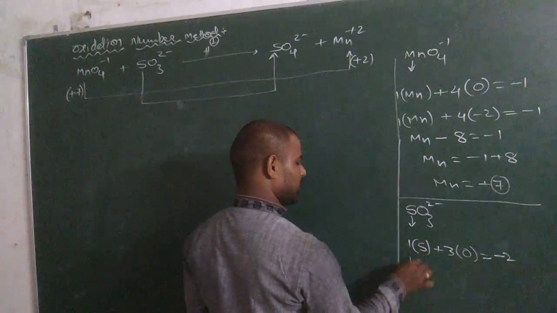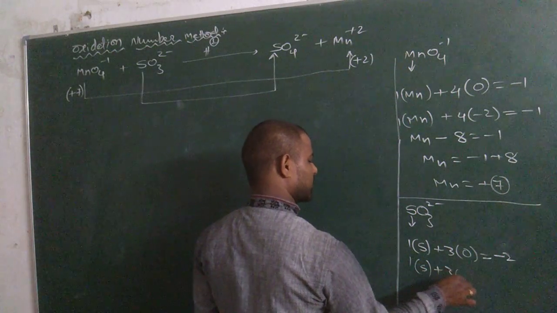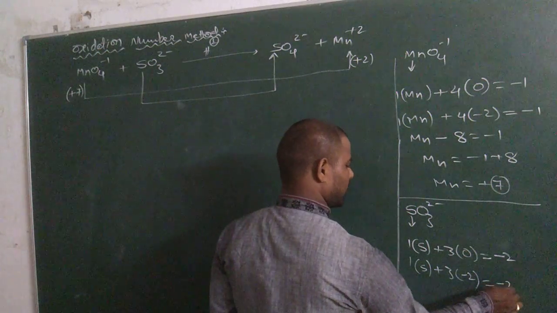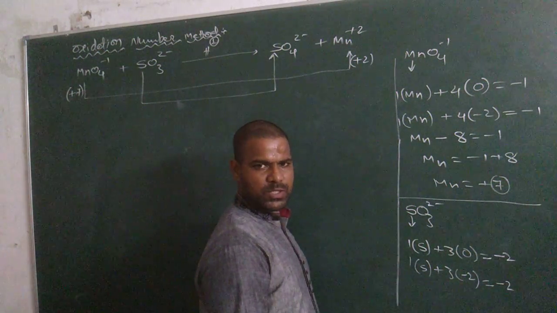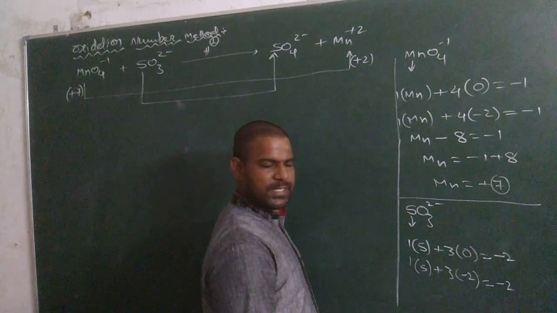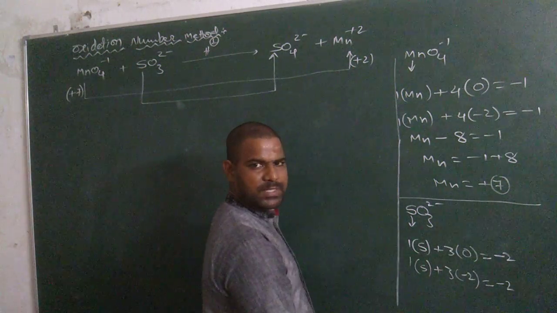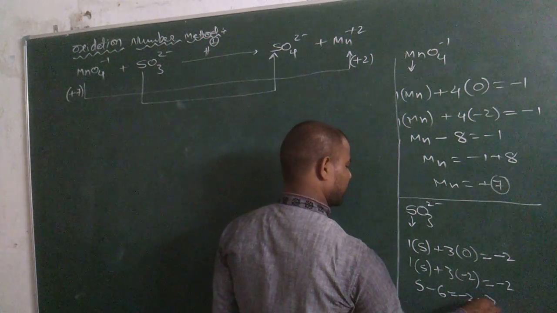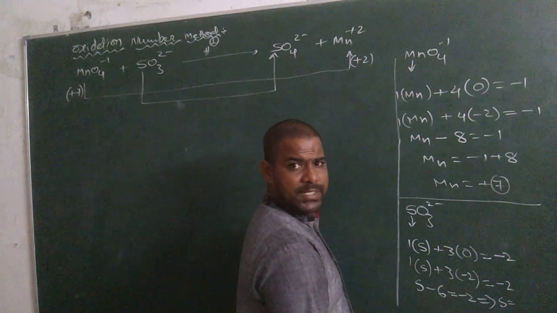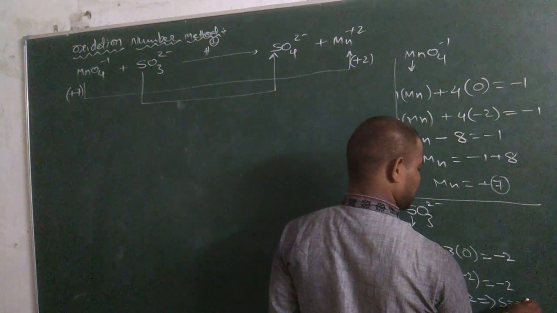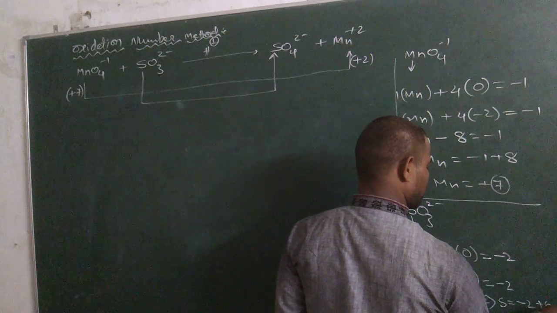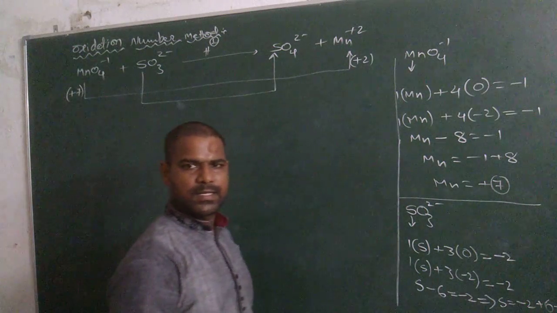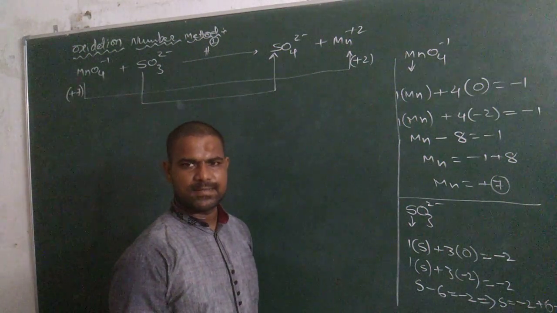For each oxygen the oxidation state is minus 2, so 3 into minus 2 is minus 6. So S minus 6 equals minus 2, which implies S equals minus 2 plus 6. Then it is plus 4 oxidation state for sulfur in the SO3 2 minus ion.